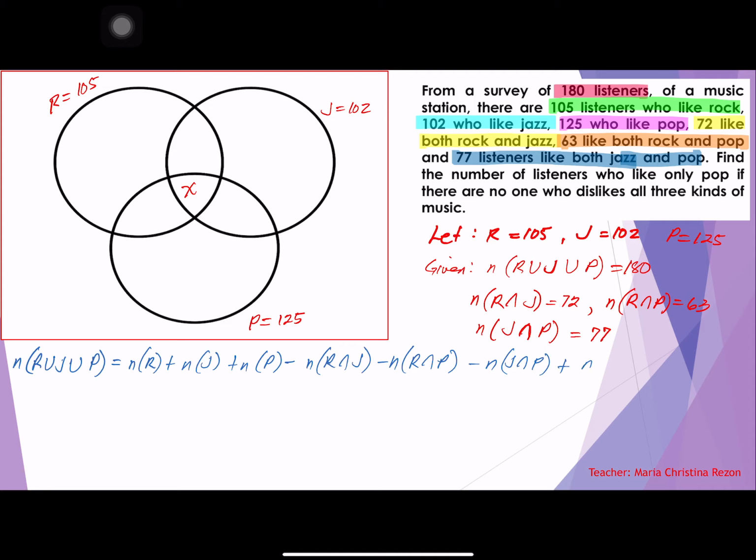plus the number of elements of rock intersection jazz intersection pop.